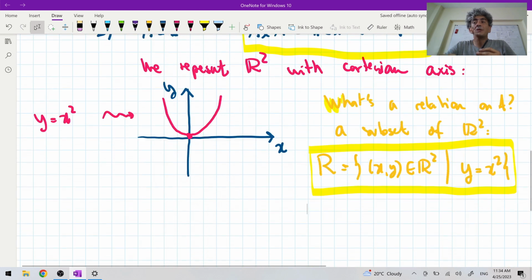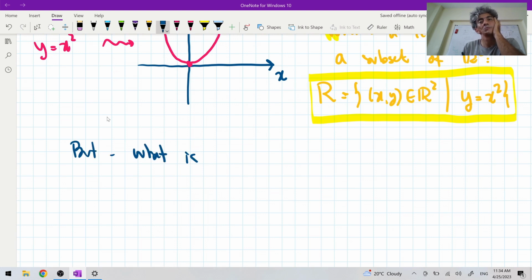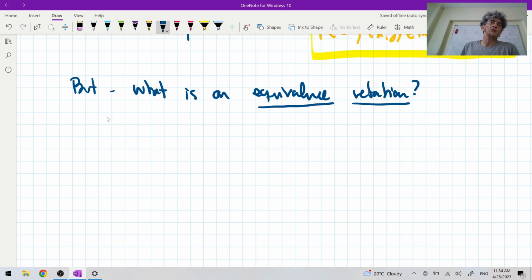So what is an equivalence relation? Well, it's going to be a relation that satisfies some extra conditions, right? And those conditions are not very complicated to understand.